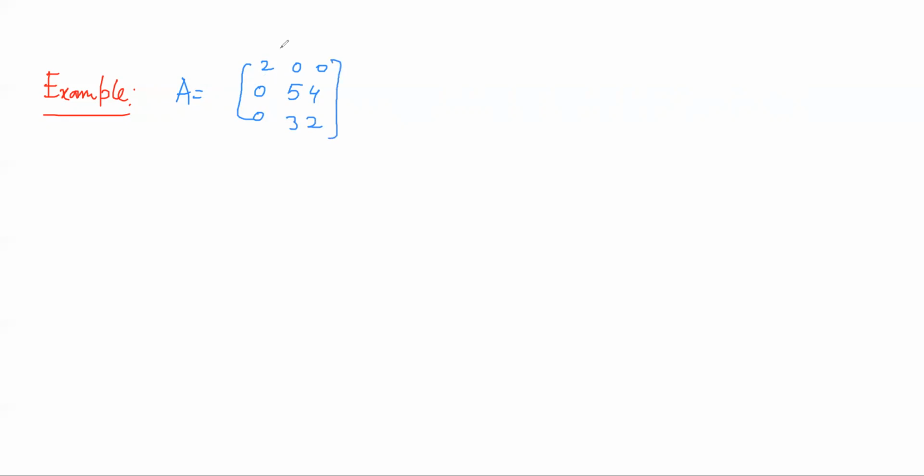If we have a matrix of this form, where the first row and first column have all values as 0 except one value, there is a kind of shortcut to find its inverse.